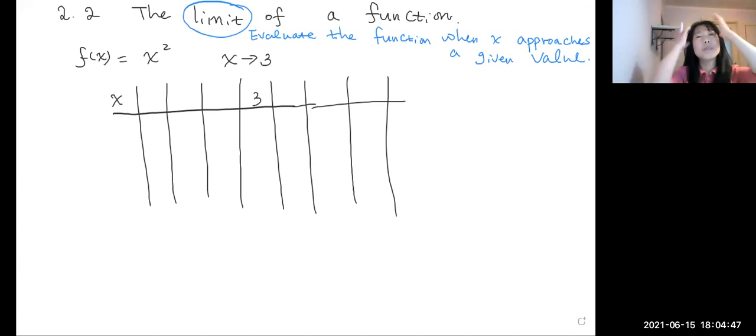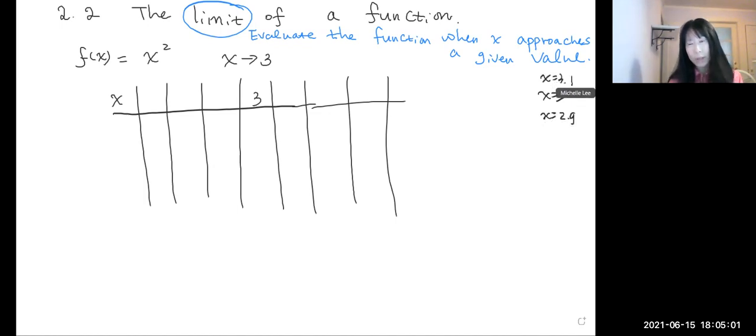Maybe close to 3, because we did that last time. We said maybe we can use 2.9, or we can use 3.1, right? But maybe we can make it really, really close to 3.